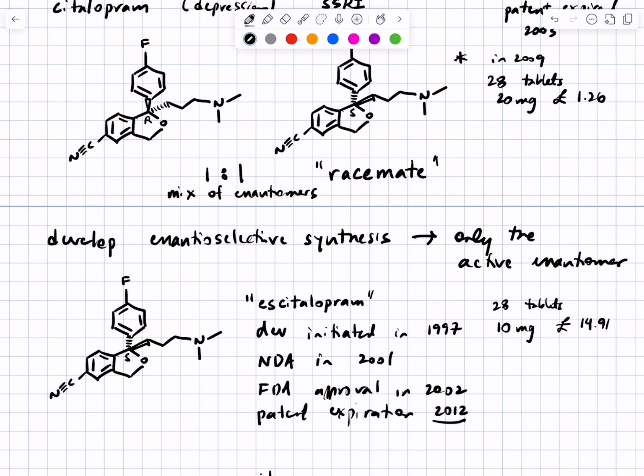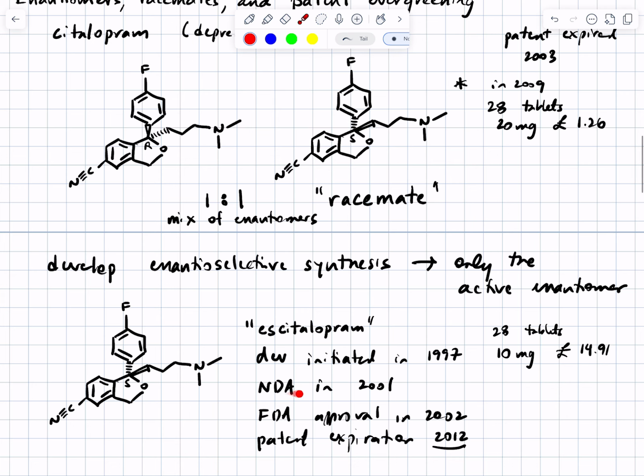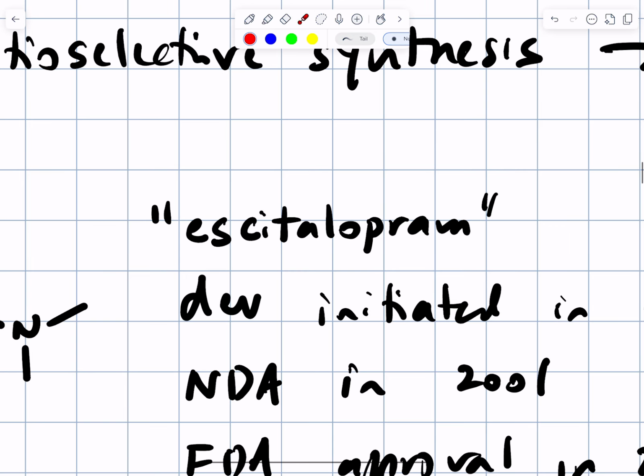And the reason for that is that just about the time the patent on the racemate expired, they filed a new drug application in 2001 with FDA approval in 2002. So that was a way for their business to mitigate the risk. As soon as the patent cliff for the racemate was there, they had gotten approval to market and sell just the pure enantiomer, which they called appropriately S-citalopram for the S enantiomer.